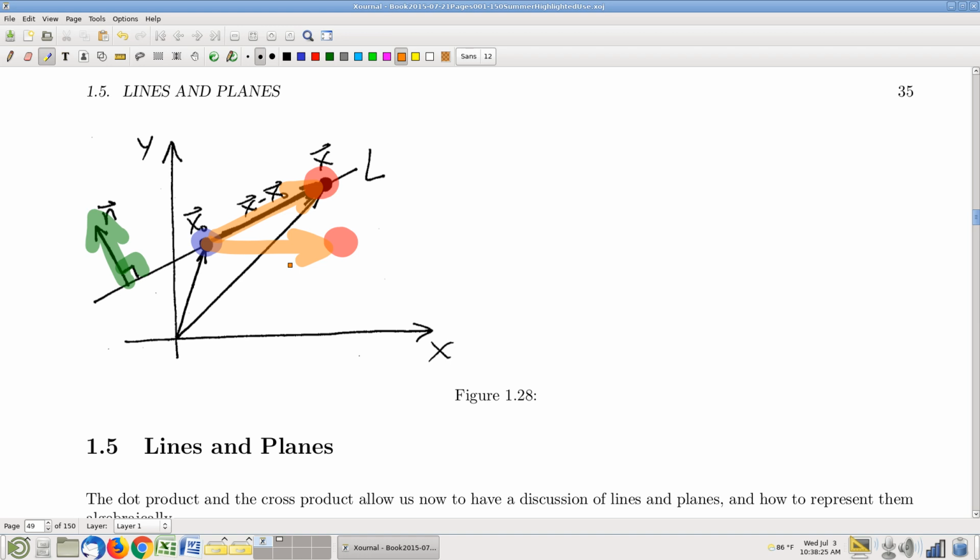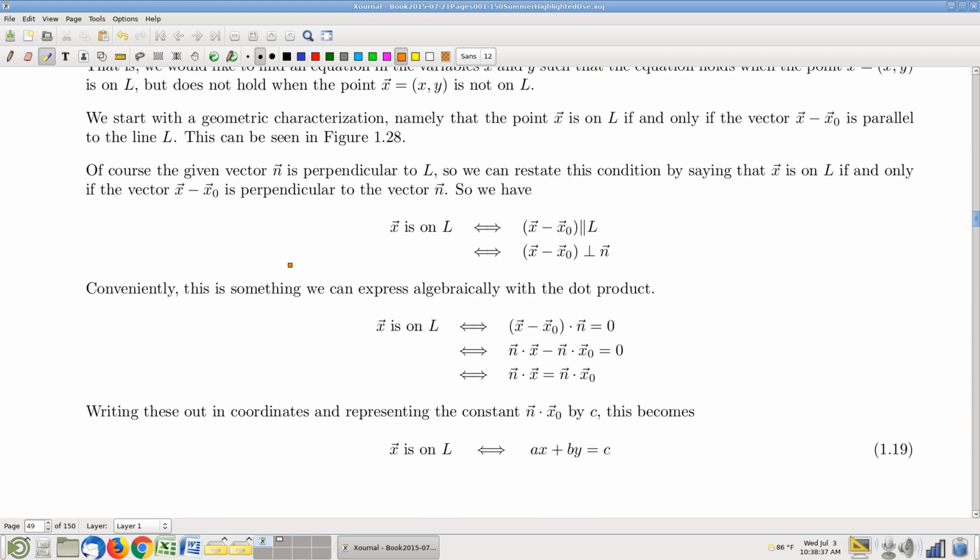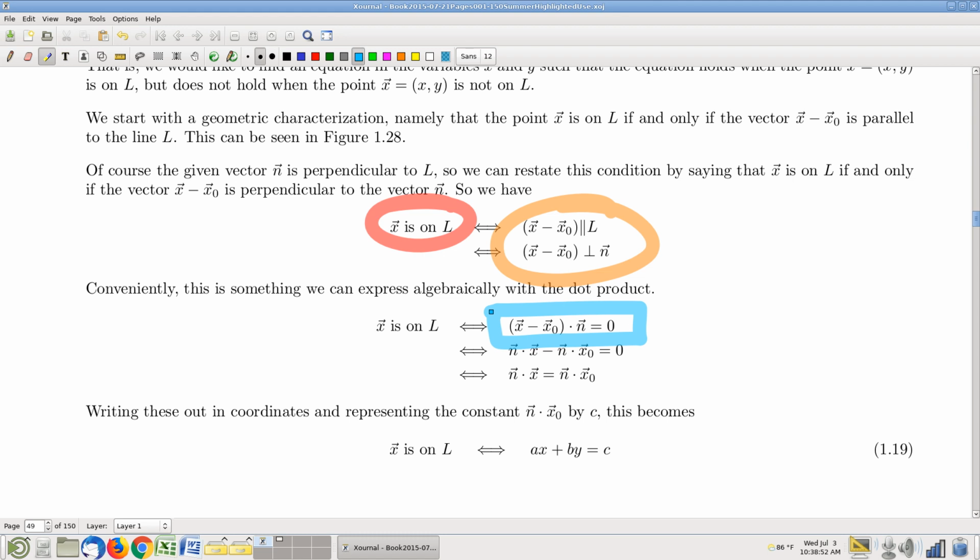Parallel to the line means perpendicular to the normal vector. Perpendicular means dot product is 0. Let's write all this down. x is on the line if the difference vector is parallel to the line, aka perpendicular to the normal vector, aka this dot product is 0.